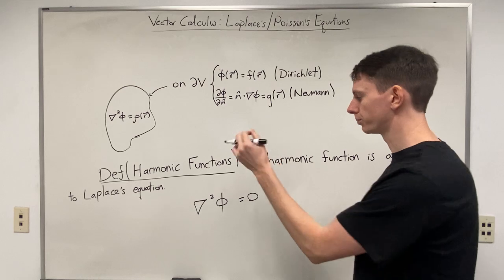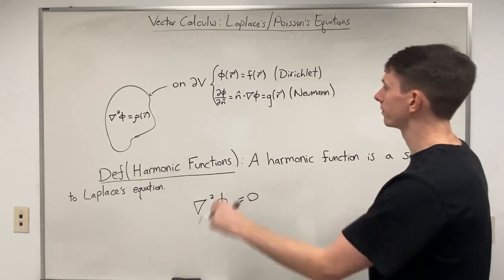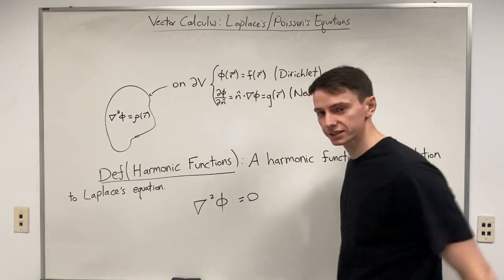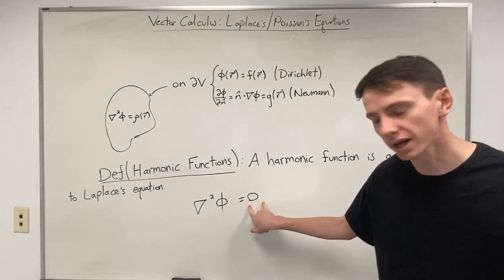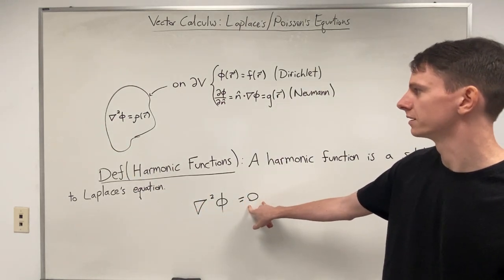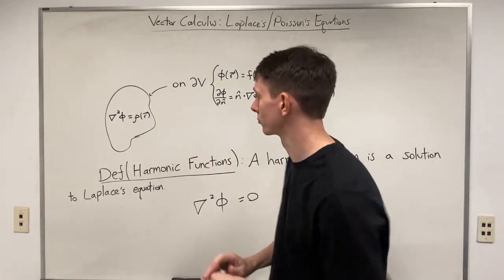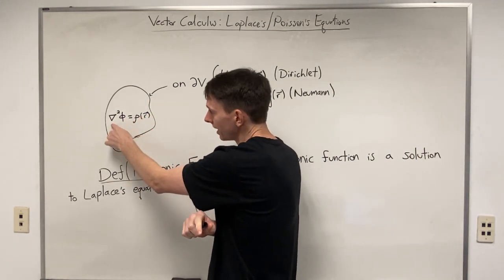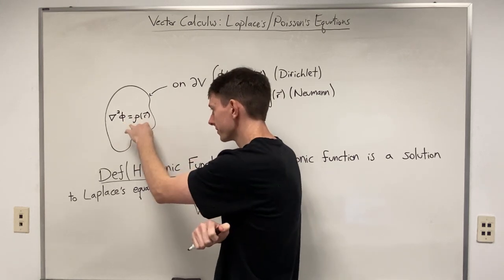A solution to Poisson's equation, where you have this non-zero right-hand side, is not necessarily going to be a solution to Laplace's equation, right? In fact, in general, if phi satisfies Poisson's equation, that means the Laplacian of phi is some non-zero quantity, right?